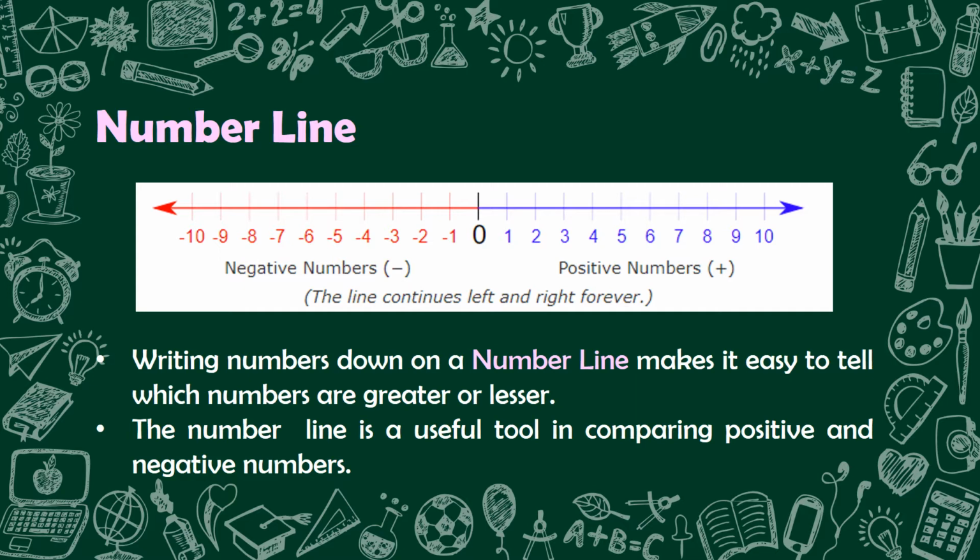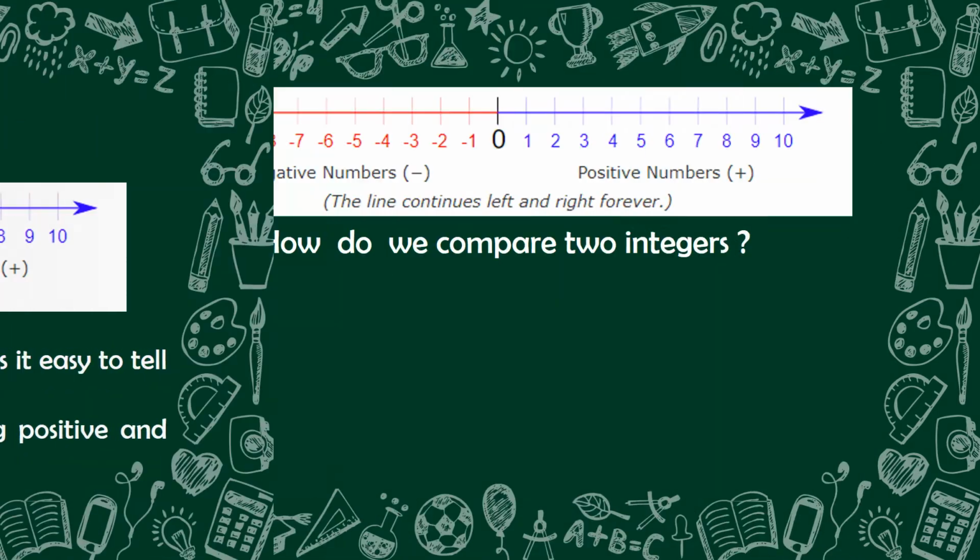And at the middle or at the center of the number line, we have the 0. The arrows on both ends are important because it tells that both sides, left and right, continues forever. We have infinite set of negative numbers, and we also have infinite set of positive numbers.